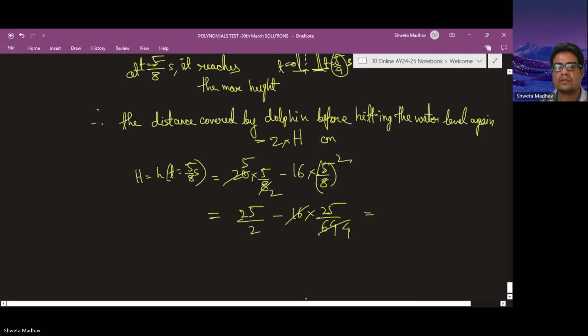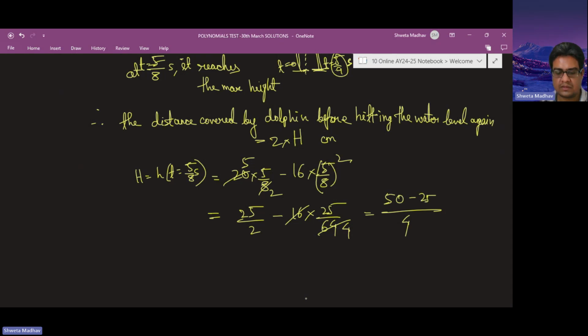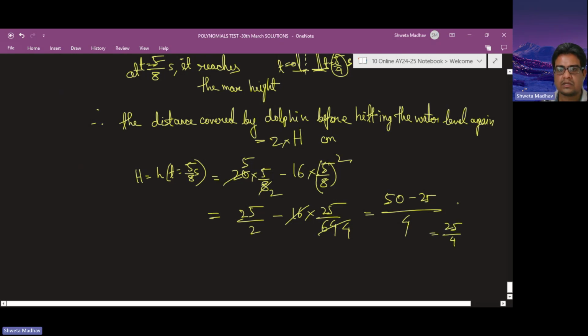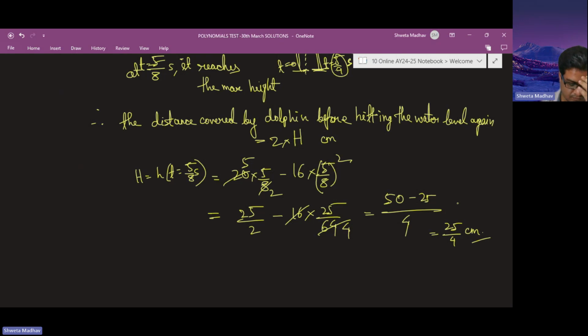So the LCM is 4, so 50 minus 25 over 4, which is equal to 25 by 4 centimeter.